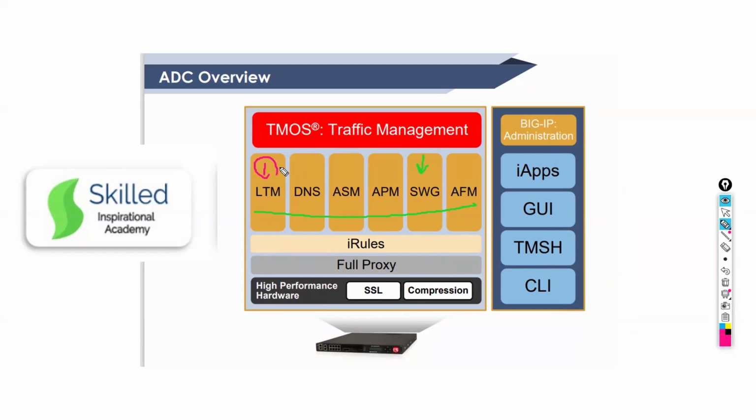Your Local Traffic Manager, your intelligent DNS, ASM, and APM is called your SSL VPN or single sign-on solution. AFM is called your layer 4 firewall. But nowadays people don't use F5 as AFM. And this is called your forward proxy. You can use F5 as reverse proxy and forward proxy.